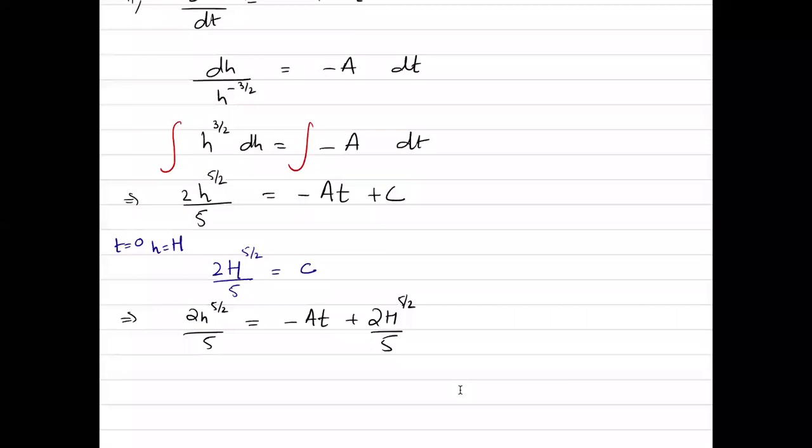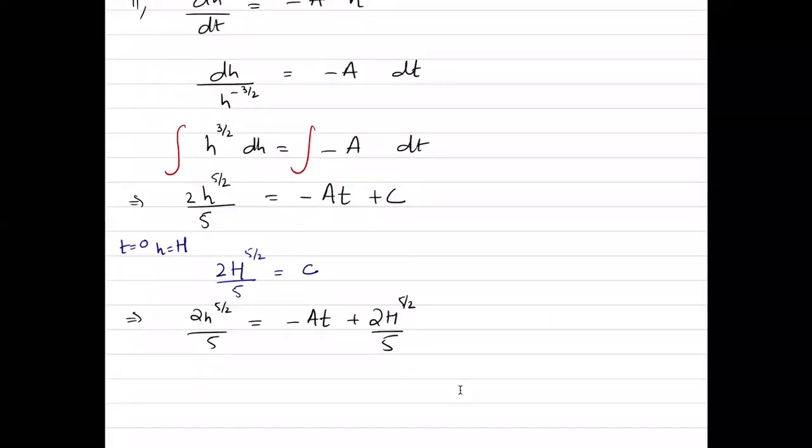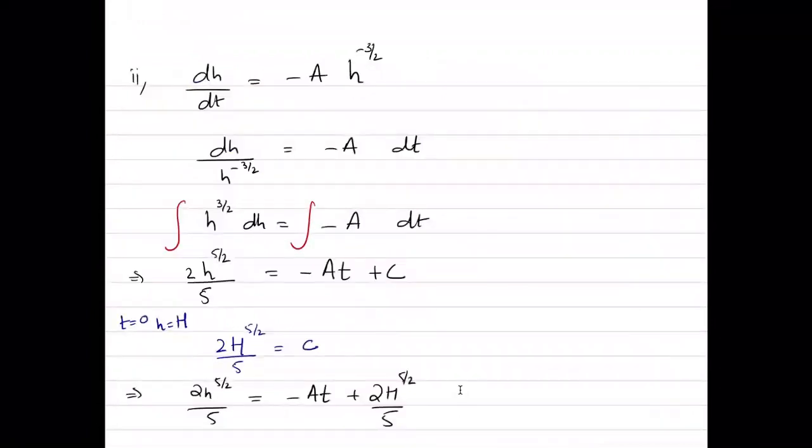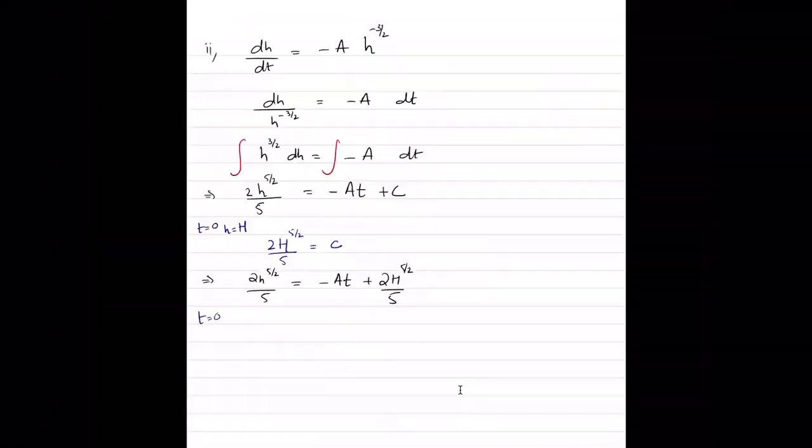Then there was one more piece of information, that at time t equals 60, the tank becomes empty. If the tank is becoming empty when t is 60, that means that at t equals 60, the height is 0, the depth is 0.